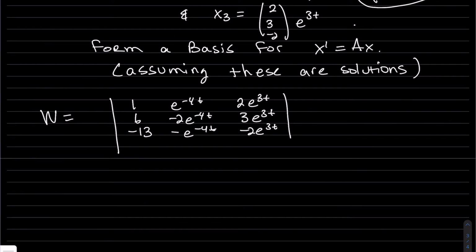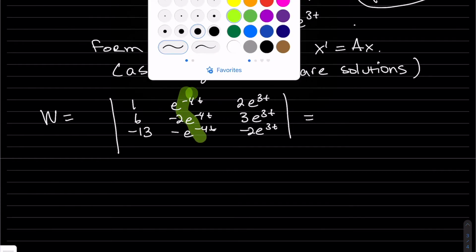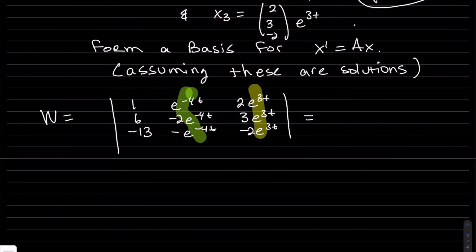So we can also, by a property of determinants, factor out that e to the 3t.